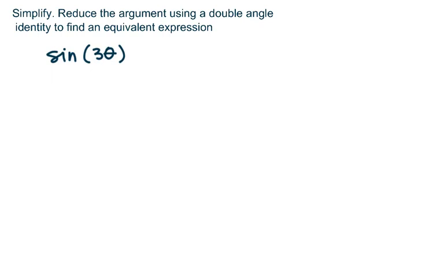So in this case, the first thing I'm going to do is split this up and say sine of 2 theta plus 1 theta. So I unadded. And now that I have unadded those, I have a 2 theta and a theta.